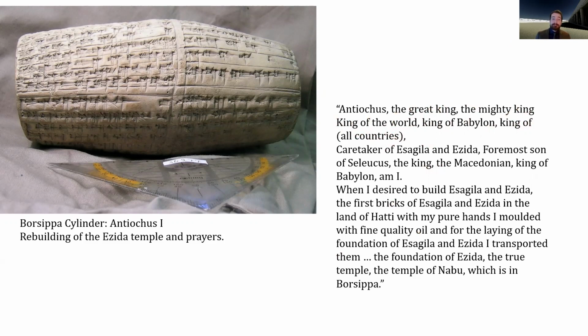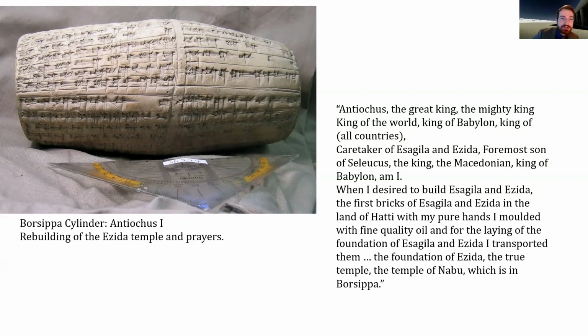So it may be that while the Cyrus Cylinder itself was definitely buried, Antiochus I came across it, or the narrative of the Cyrus Cylinder was continued all the way into the Seleukid period, where Antiochus was able to make his own Cyrus Cylinder.